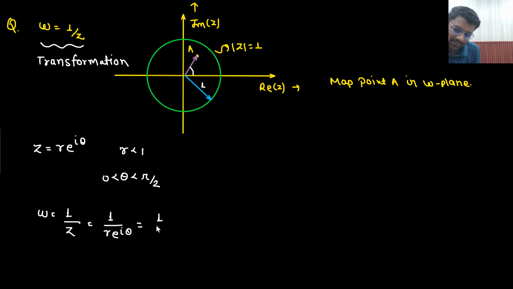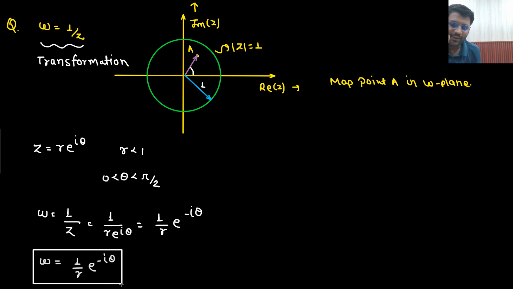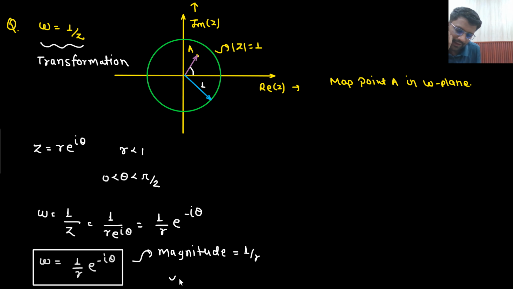And I can replace it as 1 by r e to the power minus iota theta. So now I have a new complex number, which is 1 by r e to the power minus iota theta. The magnitude of this complex number is 1 by r, and the angle is minus theta.